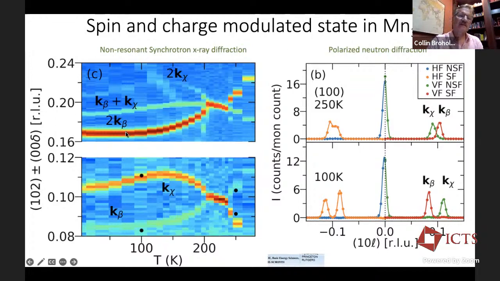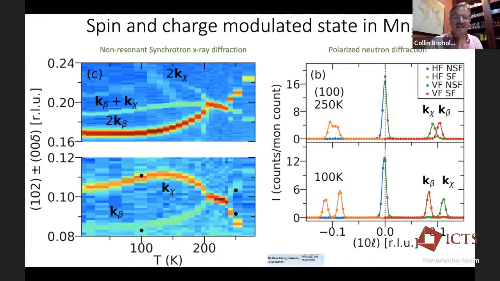Shown here in the bottom left frame are the two different wave vectors and their temperature dependence. We call them K beta and K chi because the K beta component, as we determined with polarized neutrons, is associated with an out-of-plane magnetic modulation, so oriented along the c-axis.